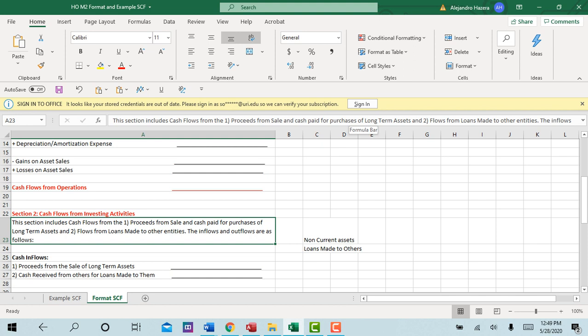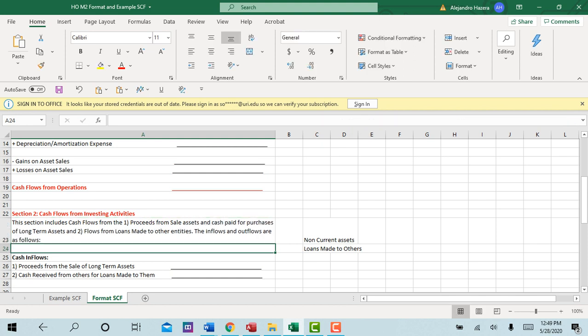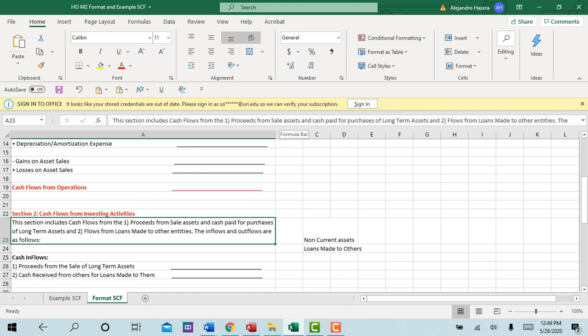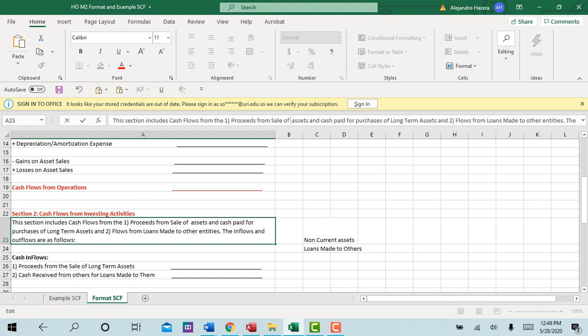So the first activity that goes here is proceeds from the sale of assets and cash paid for purchase of long-term assets. You know, you have long-term assets. If you sell them, you make money. If you purchase them, money goes out the door.